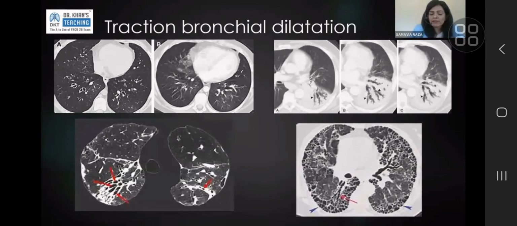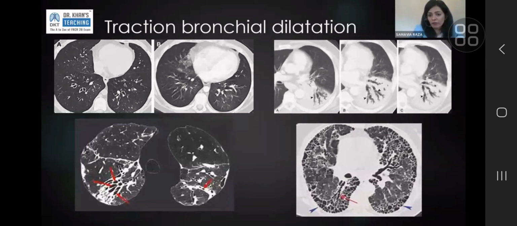So when consolidation heals, depending on which stage you're imaging the patient at, the air bronchograms within a consolidation can also look irregular. So if you had that scan and you saw those bronchi, you can't diagnose that as permanent. You can't diagnose that patient with ILD, even if you were uncomfortable with the diameter of the airways.